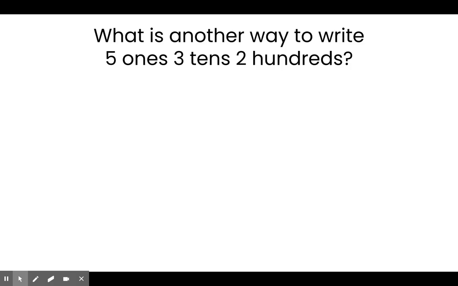What is another way to write 5 ones, 3 tens, and 2 hundreds? We would call this writing it in its standard form, without the unit form. Write on your whiteboard, what is another way to write 5 ones, 3 tens, 2 hundreds?